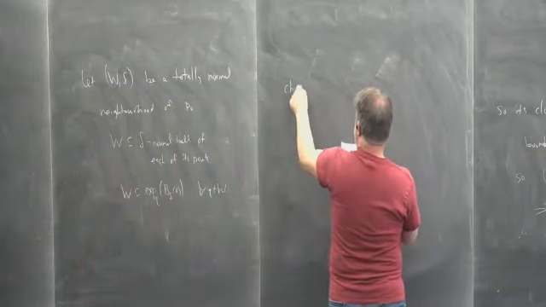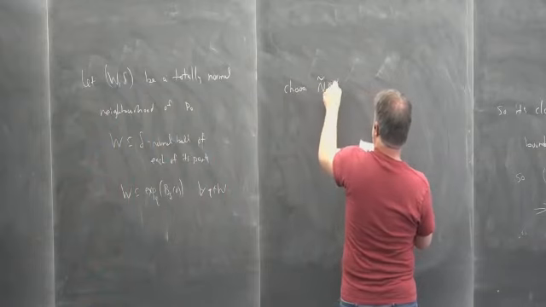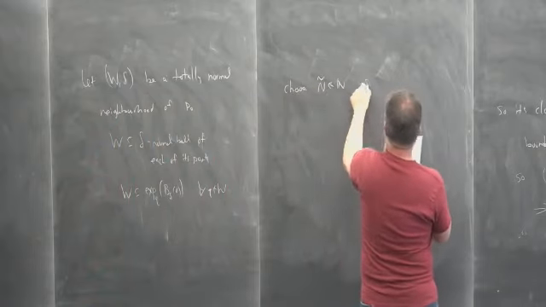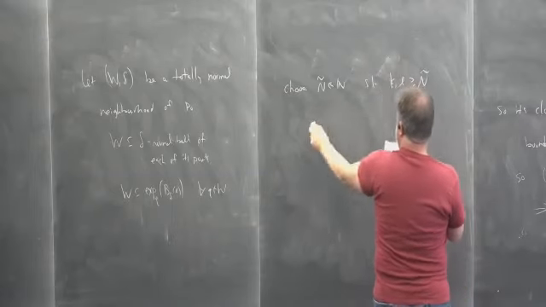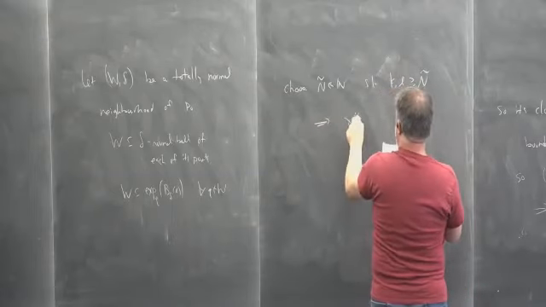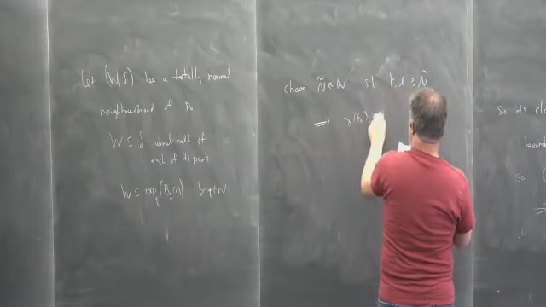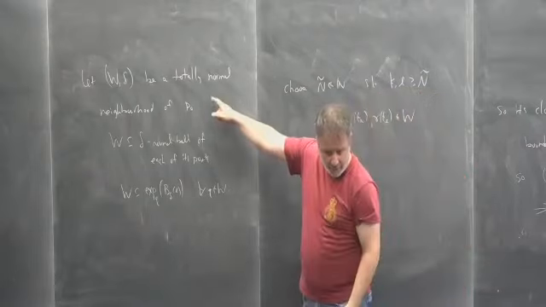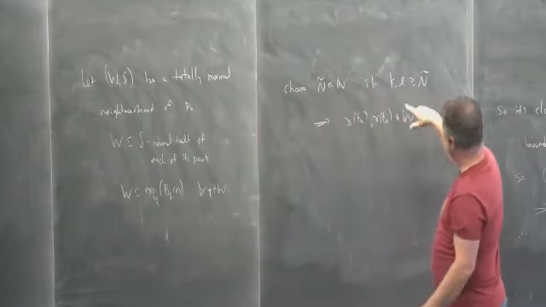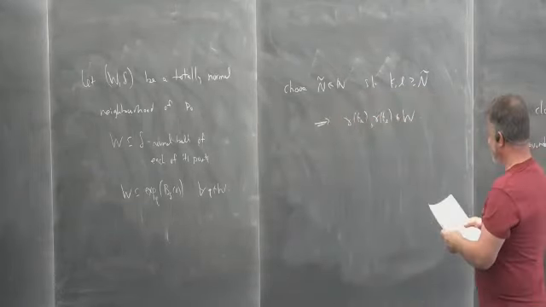So choose n tilde, a natural number, such that k and l at least n tilde implies gamma of t_k, gamma of t_l are in W. And of course, we can do that because W is an open neighborhood of P naught, and these gamma of t_k are converging to P naught.